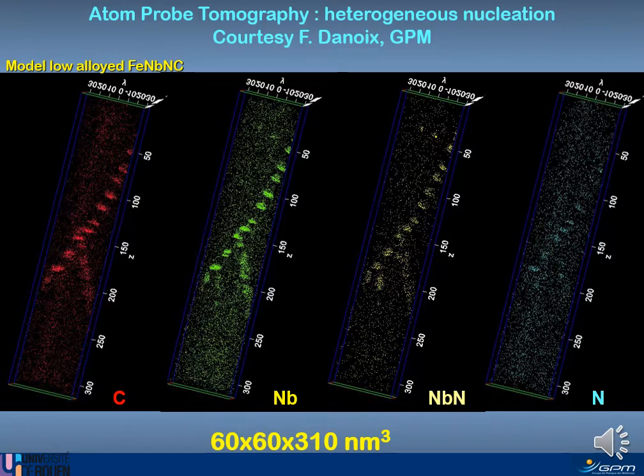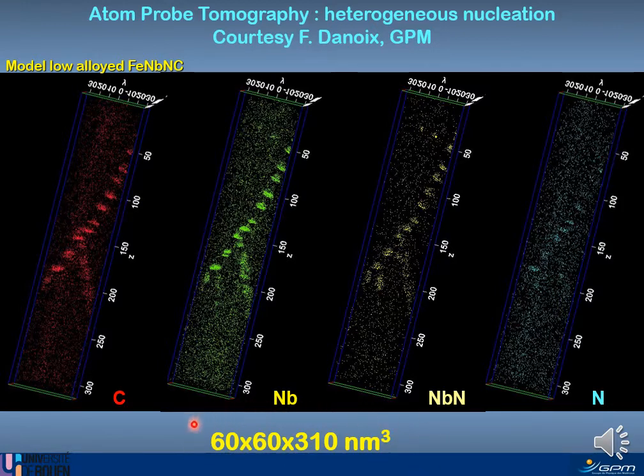And here we have niobium, nitrogen added so as to enhance the contrast of precipitates. So clearly here you've got a 3D reconstruction of a small volume showing the presence of nanoprecipitates along grain boundaries.